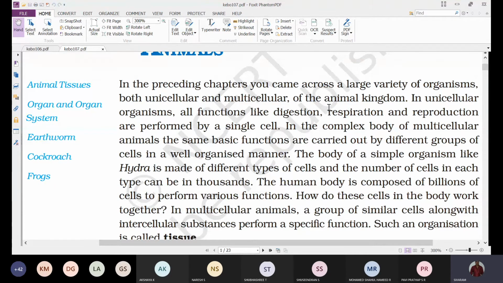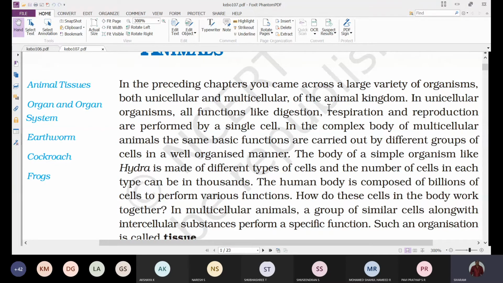They undergo excretion, respiration, and transportation within the cell between different cell organelles. They undergo reproduction. They bring about coordination between the different cell organelles. But the organization is simple.